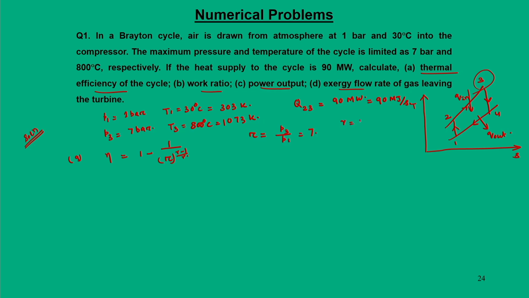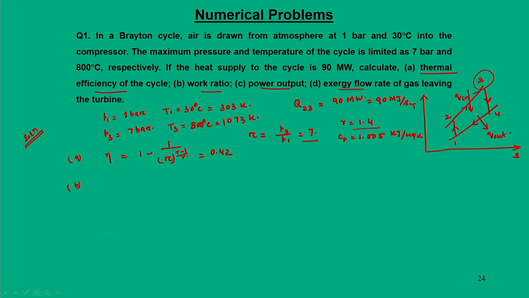Gamma we can take for air as 1.4. Of course, we require Cp, that is 1.005 kilojoule per kg Kelvin. When you put r equal to 7 and gamma equal to 1.4, the efficiency value becomes 0.42.